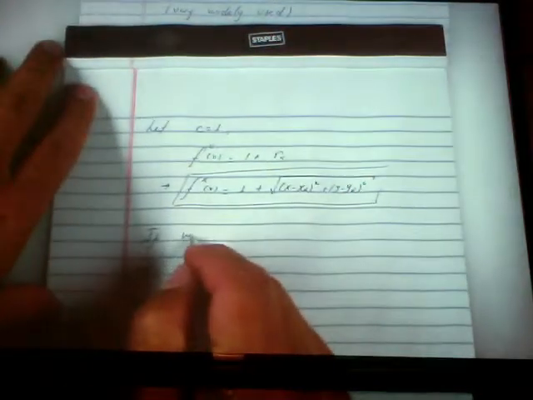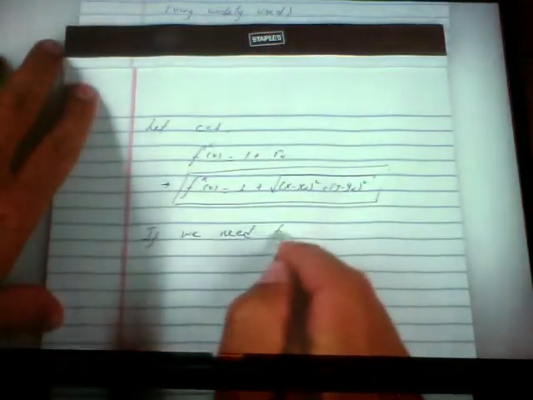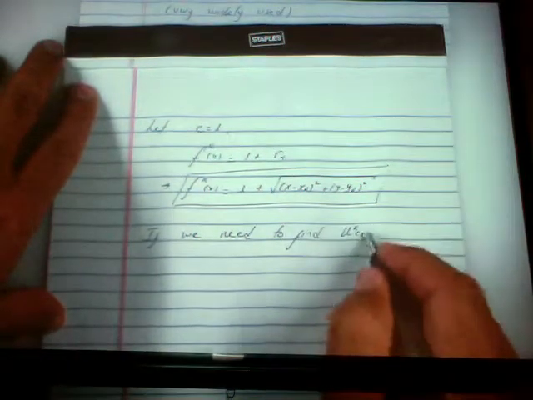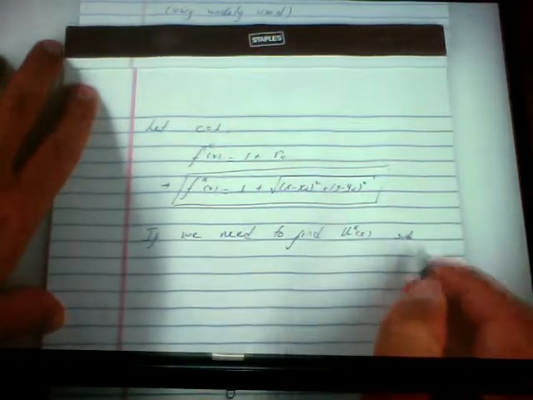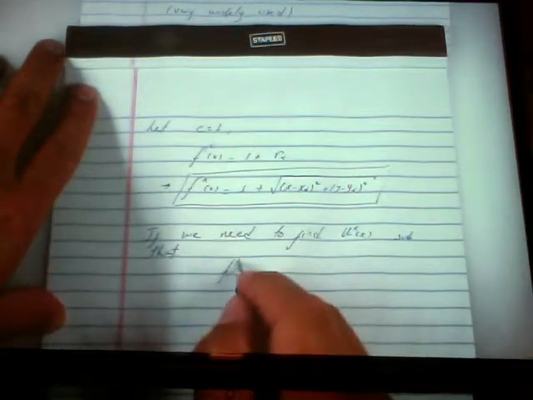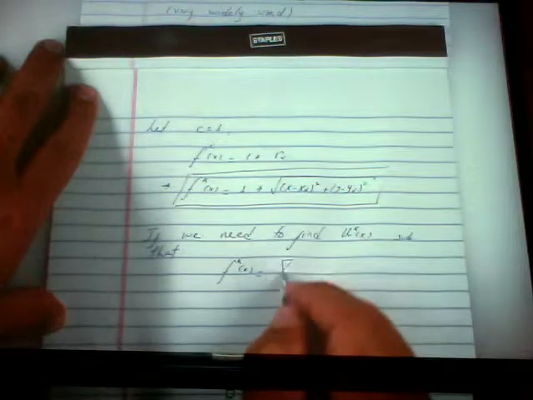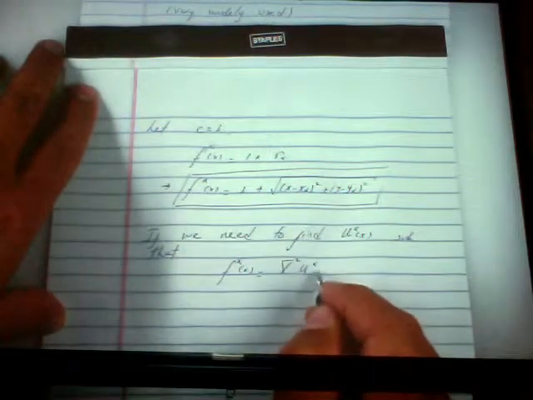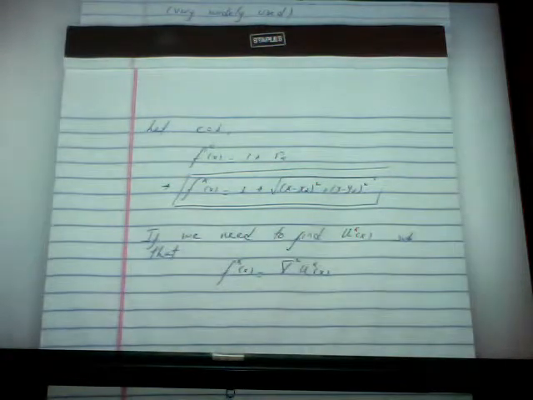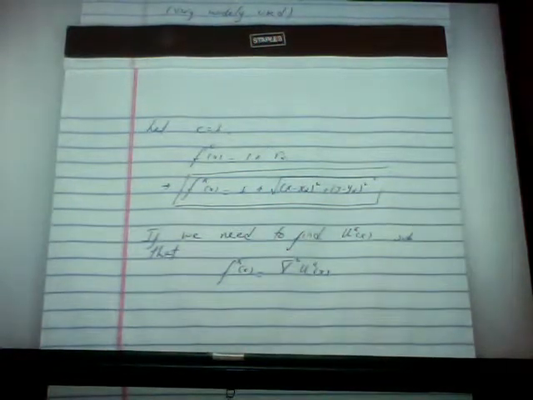Therefore, if we need to find uk of x such that fk of x is equal to the Laplace of uk of x, that's even easier than polynomials.